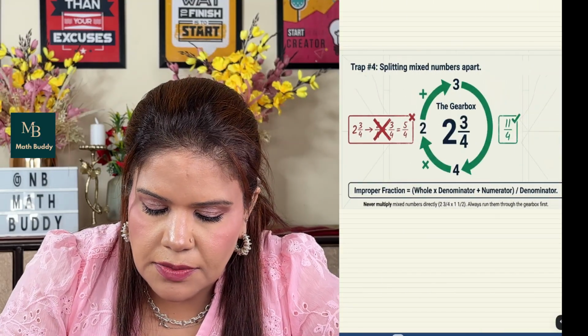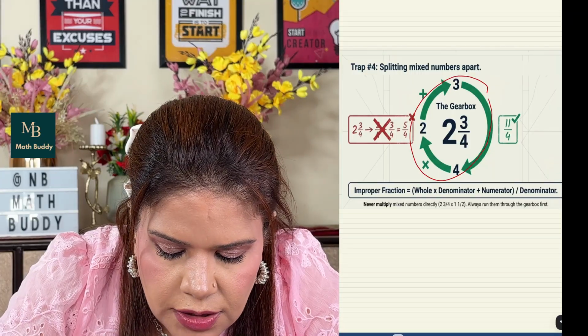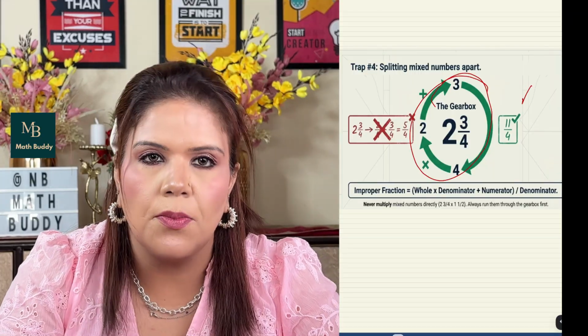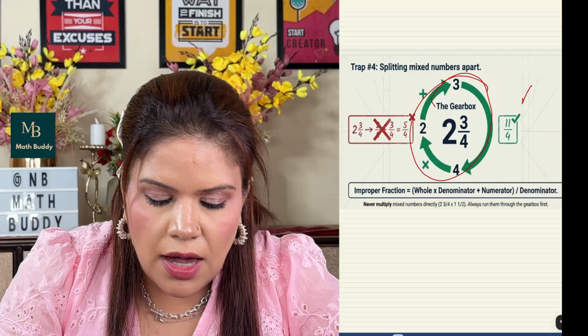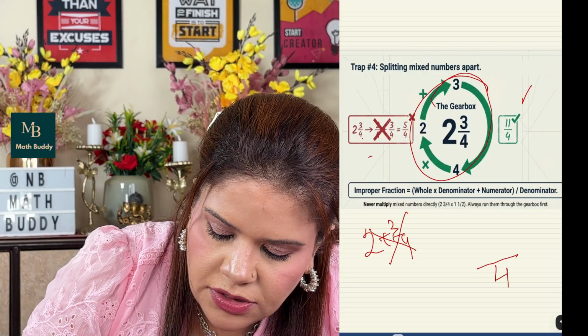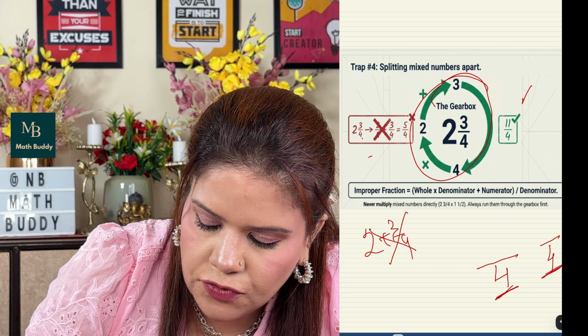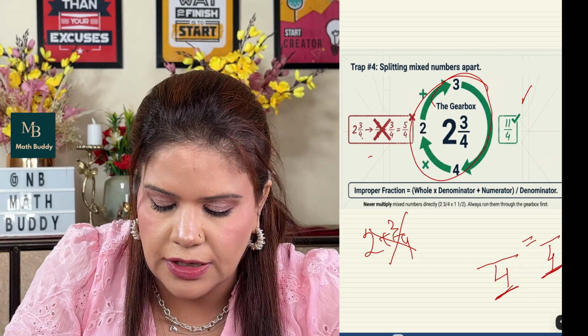Now the other mistake which students make is they don't know how to convert a mixed number to an improper fraction. Converting this into an improper fraction, our denominator always remains the same for the mixed fraction and the improper fraction we are finding.